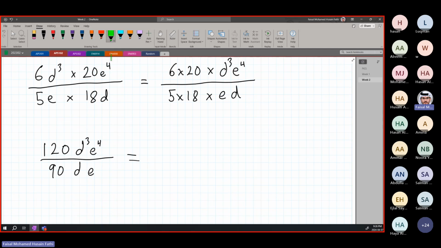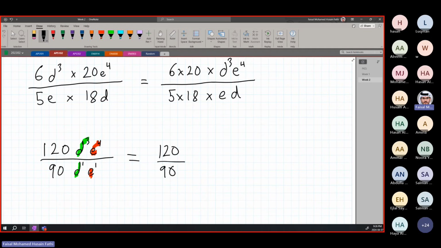We're going to look at the d cubed and the d. The d's we're going to look at together, and the e's together. So it's going to be 120 over 90. I'm going to do it here in one step directly, so you just see how I do it. This is d to the power of 3, and this is d to the power of 1, and this is e to the power of 1.